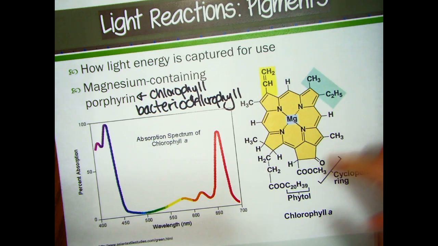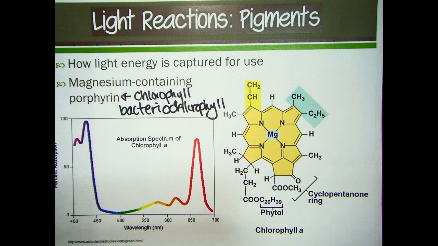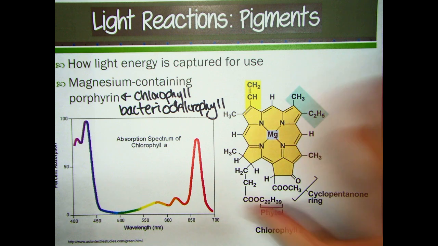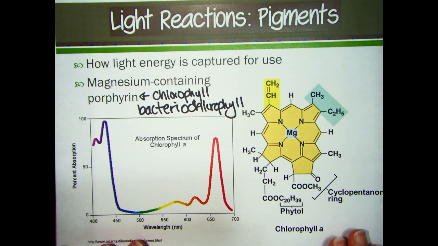That is exactly what happens here. This multi-ring structure will absorb light energy, and then that light energy is passed to an electron to give it energy, and then it will go down the electron transport chain. We'll skip that, it's on the next slide.